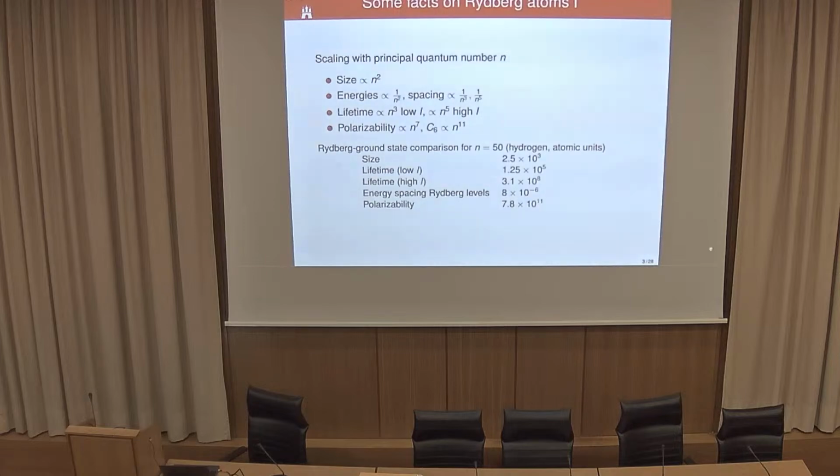So, some facts about Rydberg atoms. First of all, before I start, I should emphasize what experiments can do. We have lasers since many decades. This optical frequency domain can be addressed in the following sense. You have lasers in the frequency domain of 10^15, 10^16 hertz. The bandwidths of these lasers are megahertz or kilohertz.